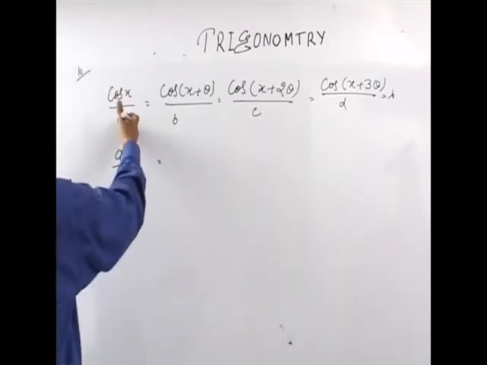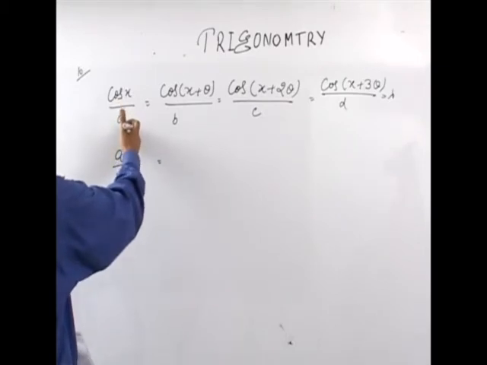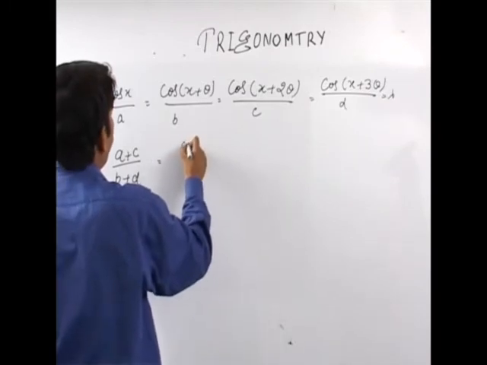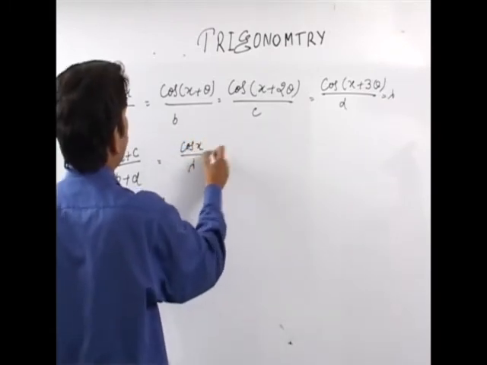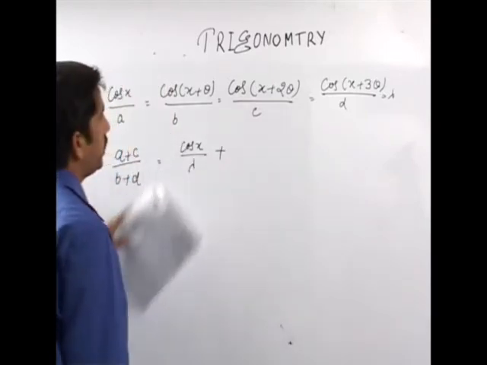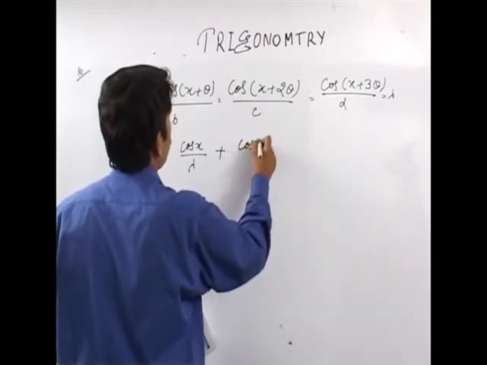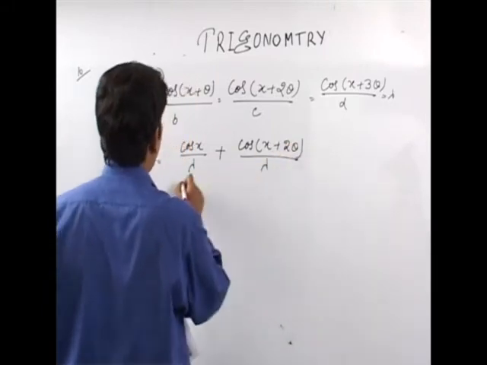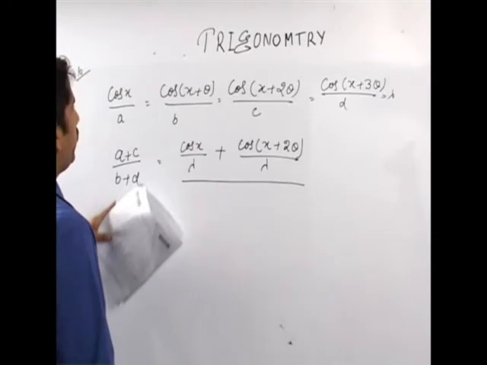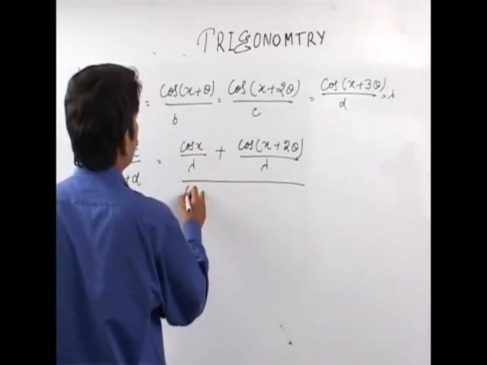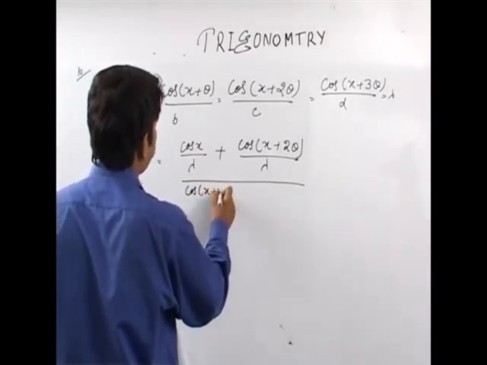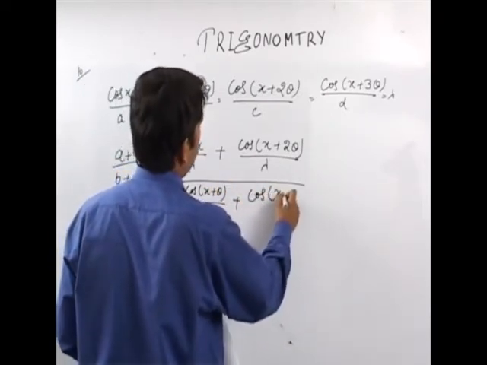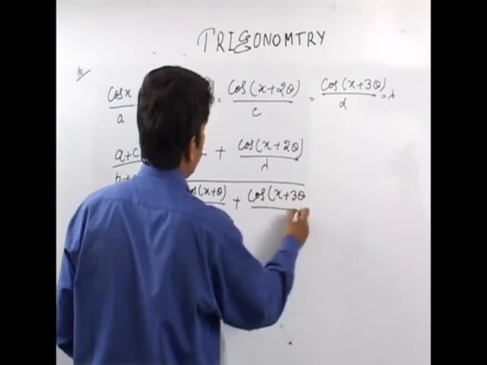Now from here you can find the value of a, which is cos x over lambda. So you can write cos x over lambda plus, now this is c, so cos of x plus 2 theta over lambda, whole over b, which is cos of x plus theta over lambda, plus d, which is cos of x plus 3 theta over lambda.